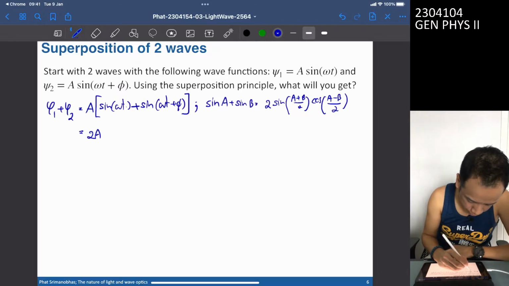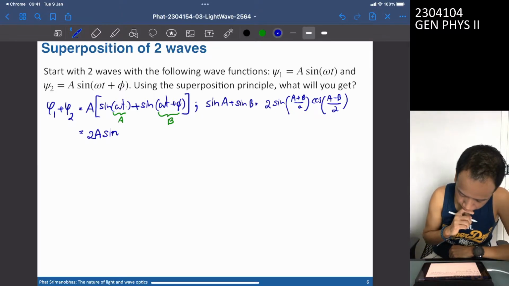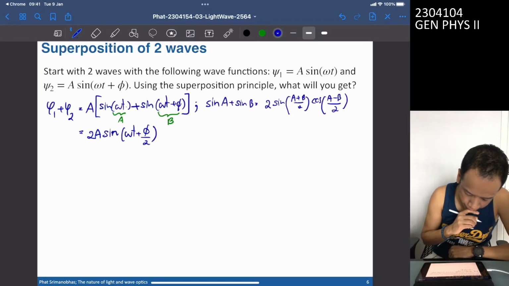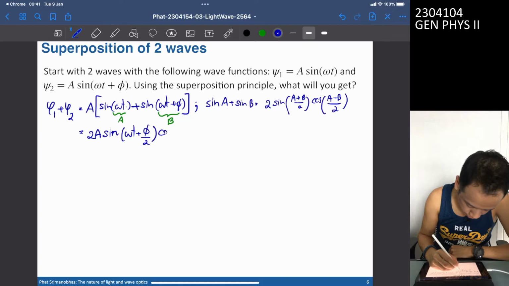This is A, this is B. So A plus B becomes 2 omega t plus phi, divided by 2, so it becomes omega t plus phi over 2. And then the minus: cosine of minus phi over 2, cosine of minus is cosine. So you get cosine phi over 2.